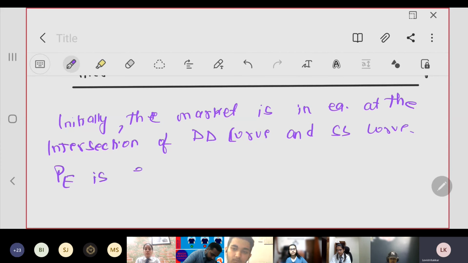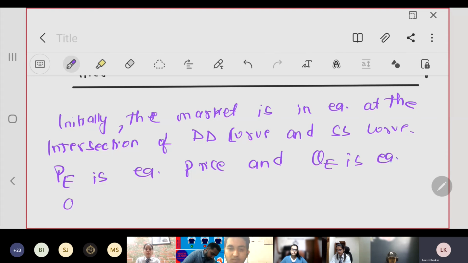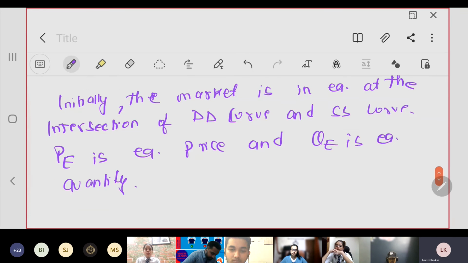PE is equilibrium price and QE is equilibrium quantity.